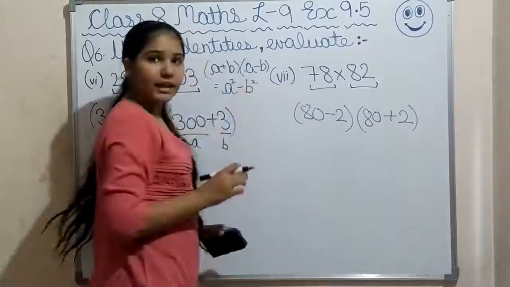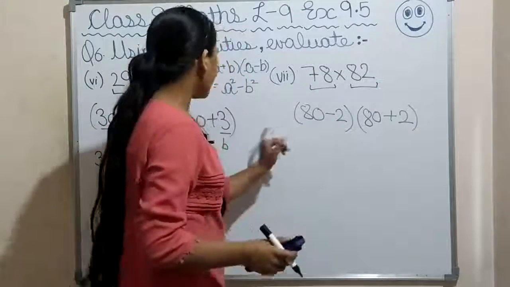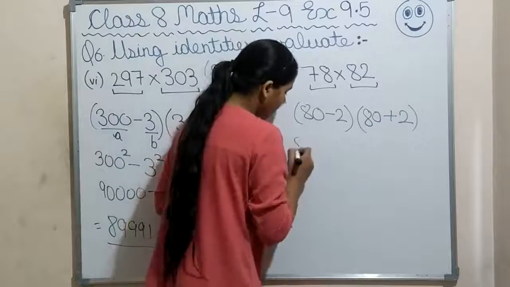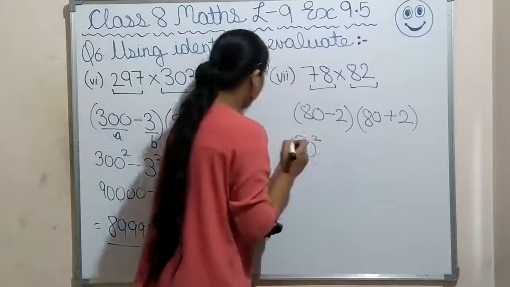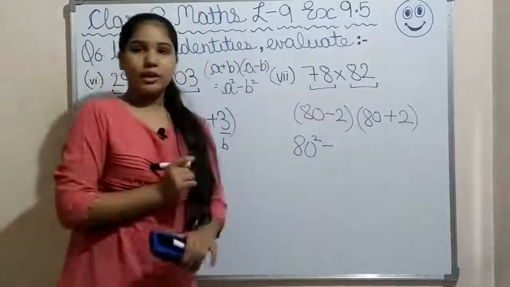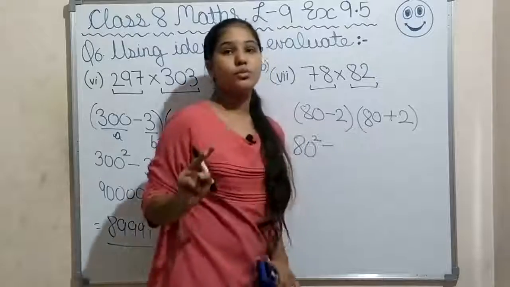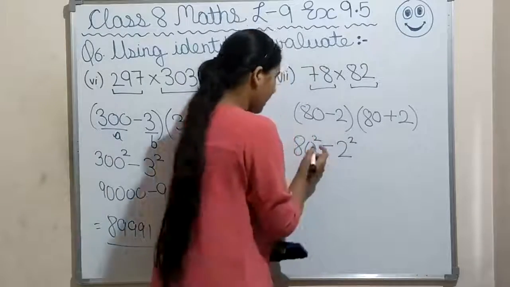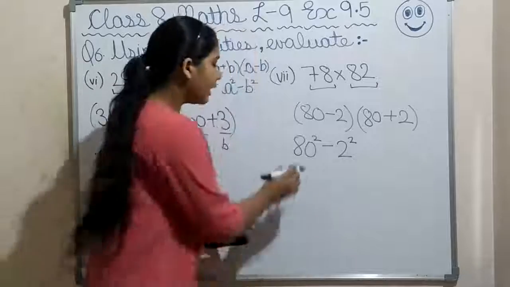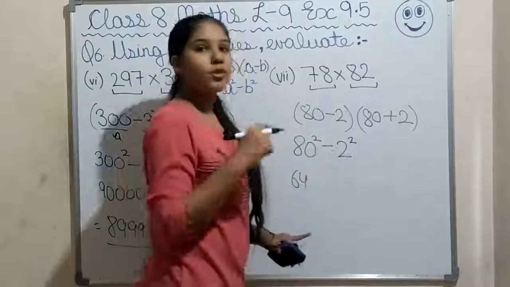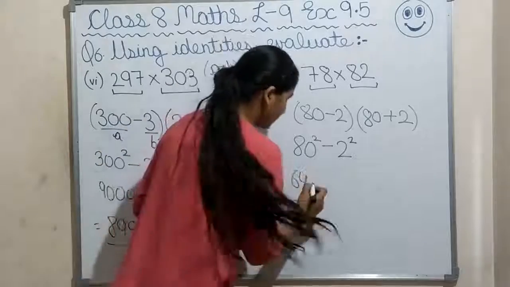So a square, a is 80, means 80 square, minus as it is, then b square, b is 2, so we write 2 square. 8 into 8 is 64, and since the square is asked, we put two zeros.